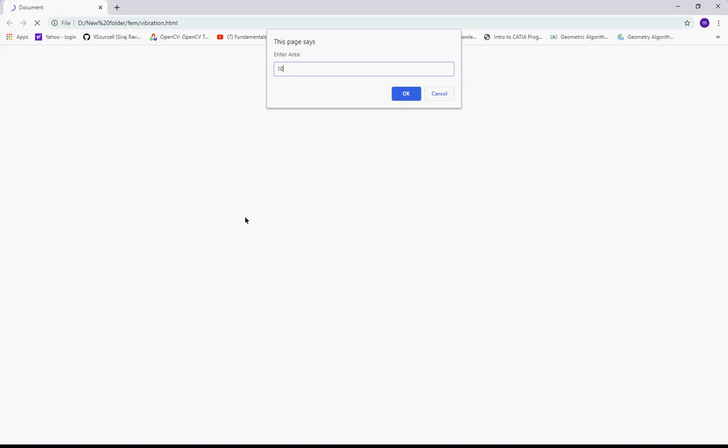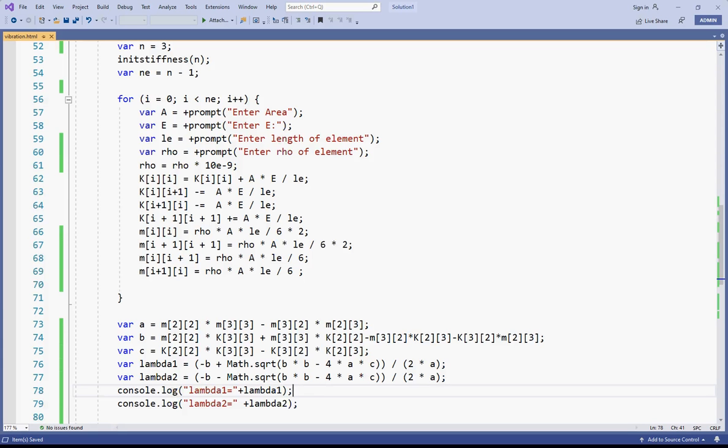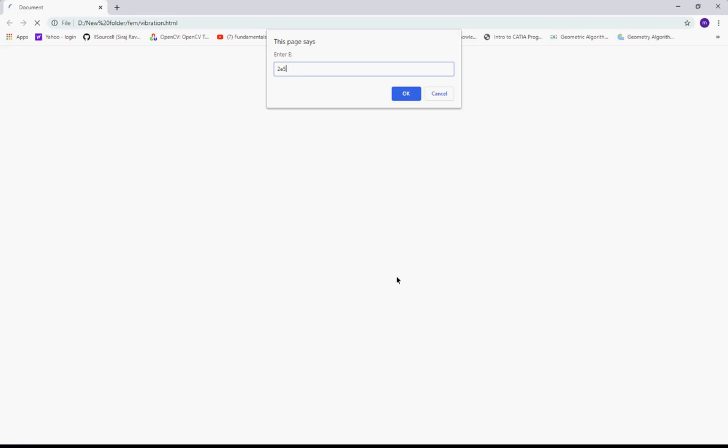Enter the area, first area 100. E 2E5. Then enter the length 1000. Rho is 7800.